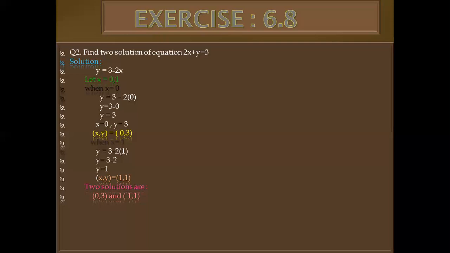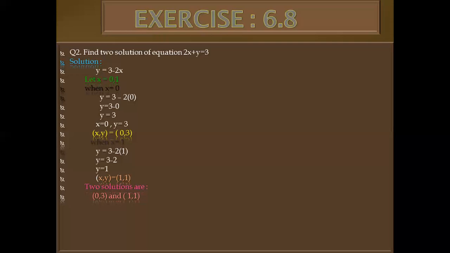Pair means 2. Ordered means we cannot change the place of x and y. First we write x and then we write y. So the second solution is 1, 1, because when we put x as 1 in the equation, the value of y also becomes 1. Now we have two solutions, 0, 3 and 1, 1.